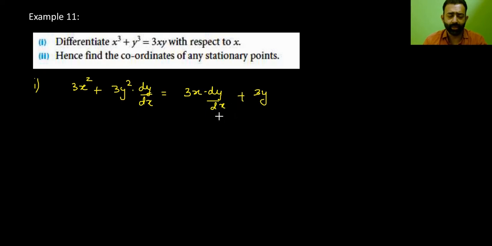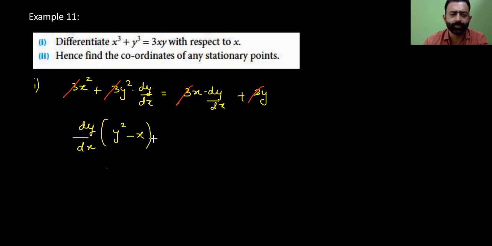So let us find the function dy/dx, because after all we have to put the derivative function as 0 in the second part. As you can see, we can cancel these 3 from both sides. Taking 3 common from both sides, you can cancel these 3s. The dy by dx terms will have y square, and this is minus x, is equal to y minus x square.